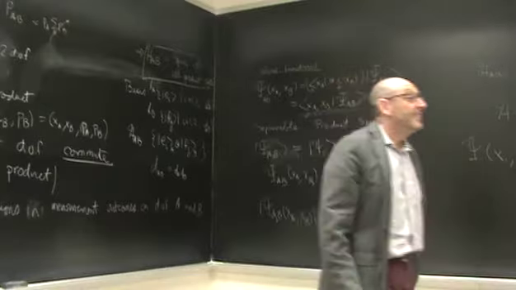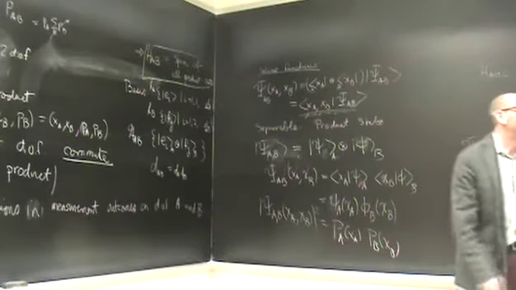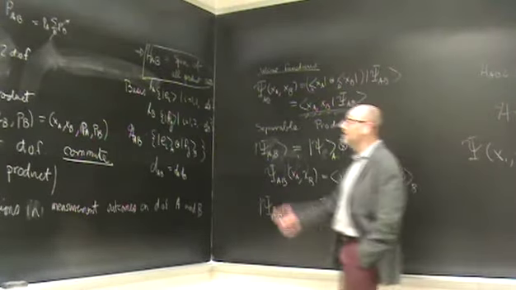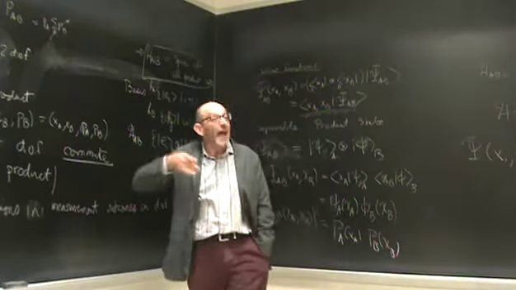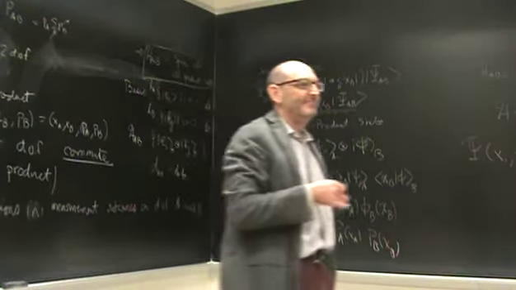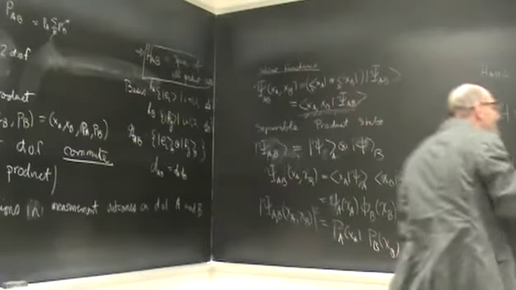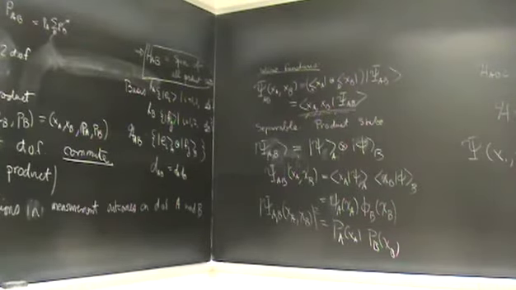That's a big deal, because it means the dimension grows exponentially if I have multiple degrees of freedom. If I have n degrees of freedom, and each is associated with a Hilbert space of dimension d, what is the joint dimension of n such things? D to the n.